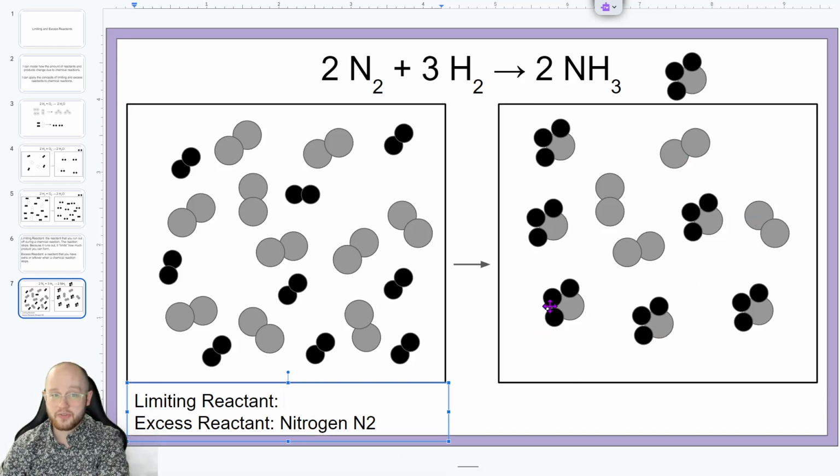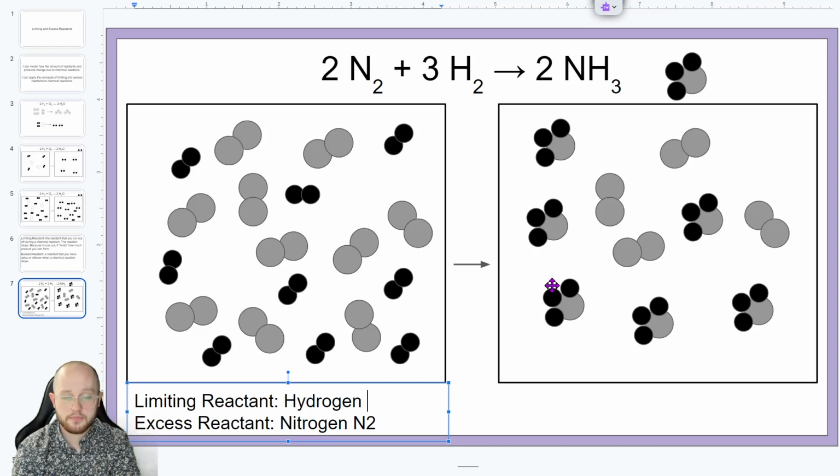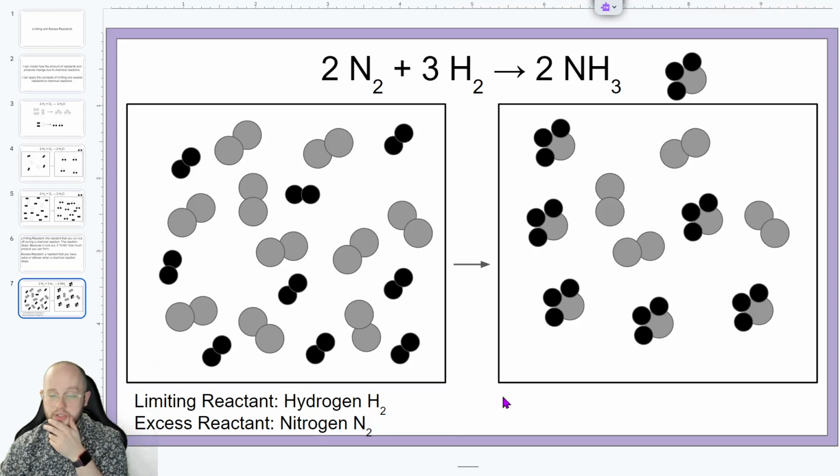Because I ran out of hydrogen and that is why my reaction stopped, hydrogen, H2, is going to be my limiting reactant. We call it limiting because it limits how much product you can form, because you've run out and stopped the reaction.